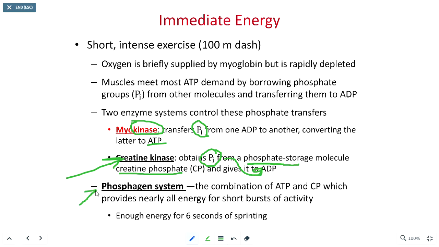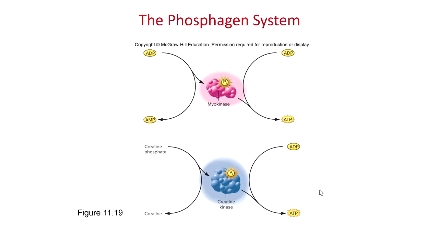We're also going to have our phosphagen system, and this phosphagen system is going to depend on a combination of ATP and creatine phosphate, which provides nearly all the energy needed for short bursts of exercise. So we have 6 seconds of sprinting fully supplied by the phosphagen system. To reiterate, we have the myokinase.